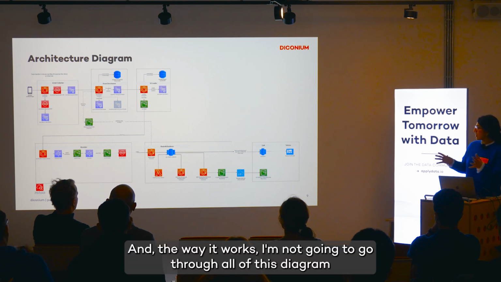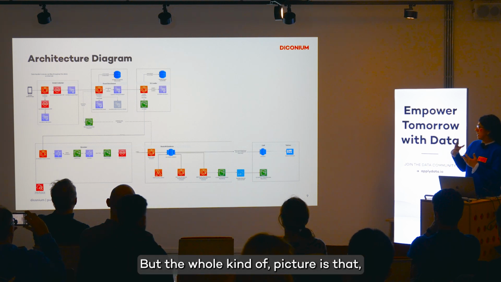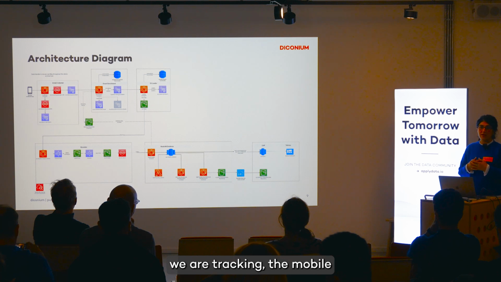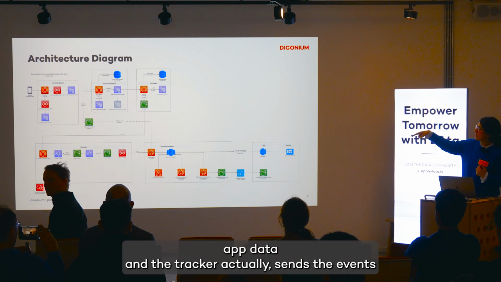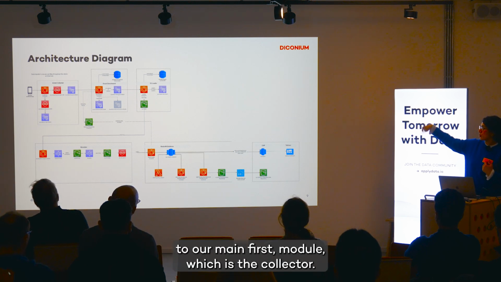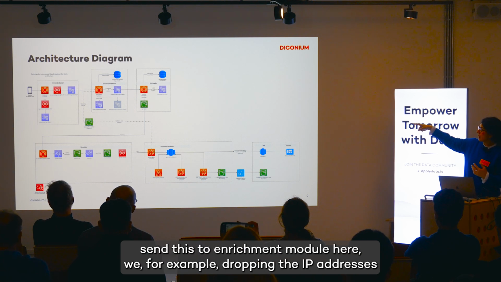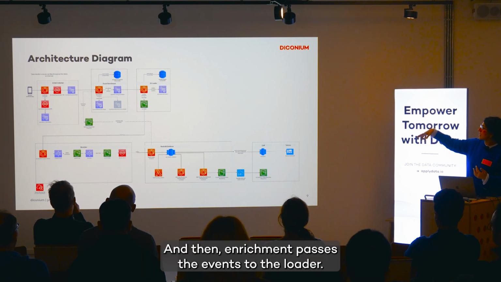I'm not going to go through all of this diagram because it's too much detail, but the whole picture is that we are tracking the mobile app data, and the tracker sends the events to our first module, which is the collector. After the collector processes the data, it sends it to the enrichment module. Here we, for example, drop the IP addresses because we are not doing any personalization on the data. And then enrichment passes the events to the loader.